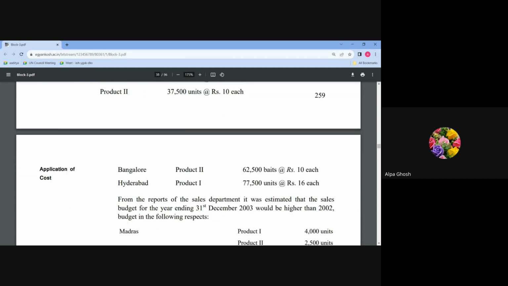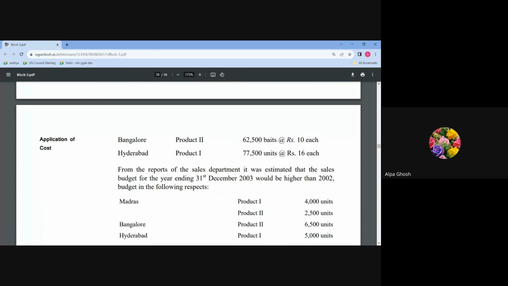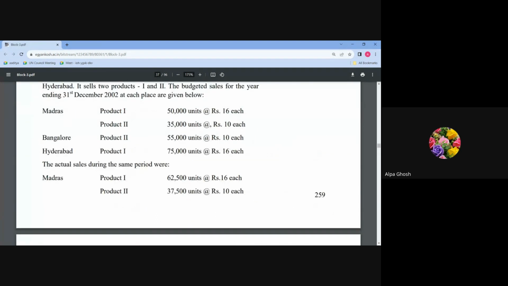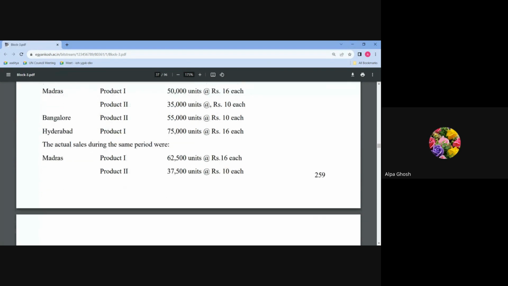Now when we go with this, the report, what is the report? The report says that 50,000 units, and here it is 62,500 units. Here it is 35,000, and here it is 37,500.